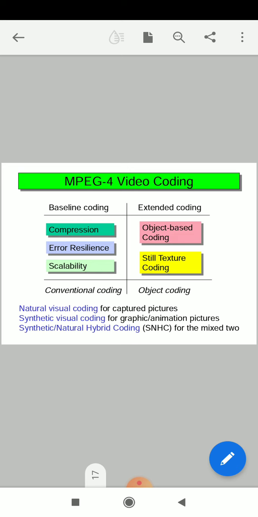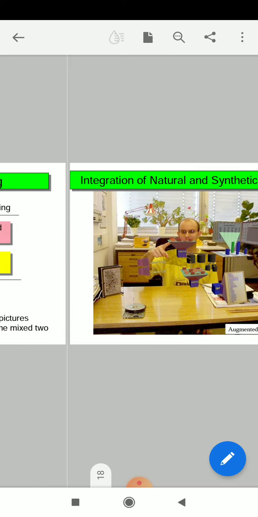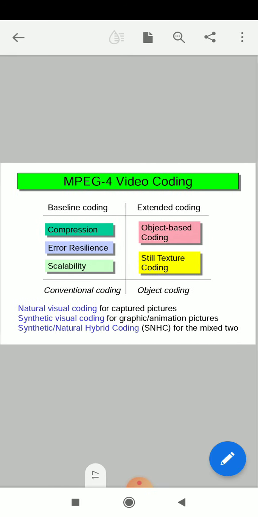Here is video in MPEG-4 video coding. This slide shows compression, error resilience, scalability, object coding, and still texture coding. It shows the stages in MPEG-4 video coding. Okay, thank you.